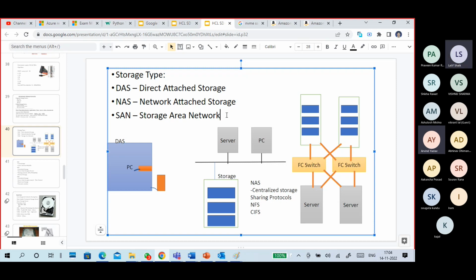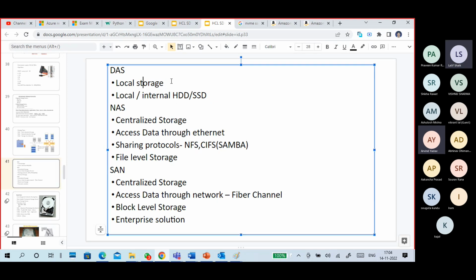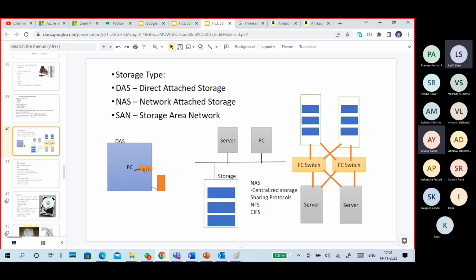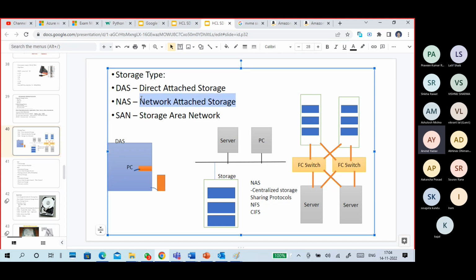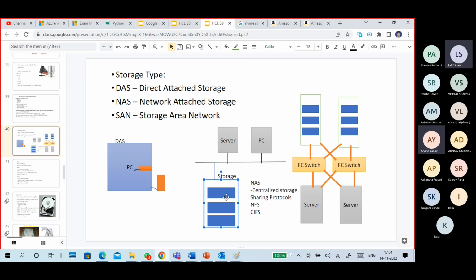What is direct attached storage? It is local storage, internal hard disk, internal SSDs, or a similar type of connectivity. Network attached storage means there is a storage bay, and inside it there is a folder. We share the folder so other devices can access the data.